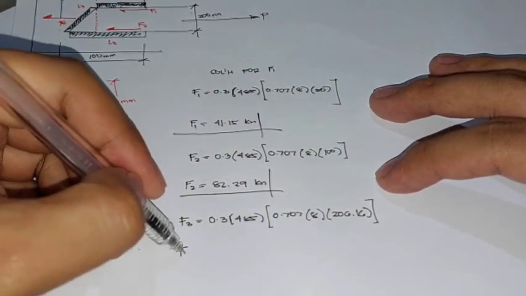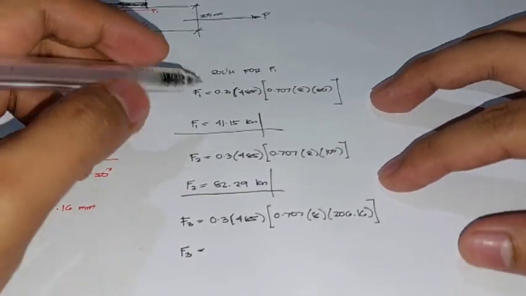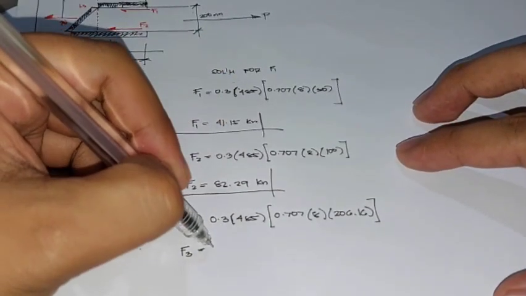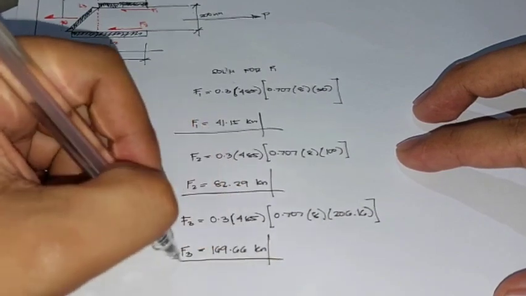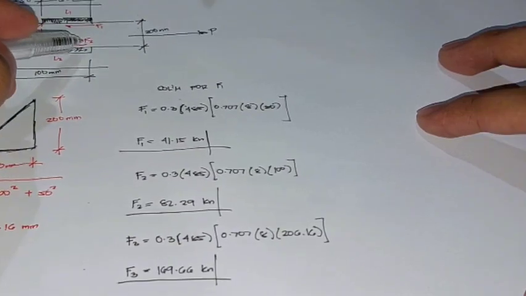So F3 is 169.66 kN. Now we have evaluated F1, F2, and F3.